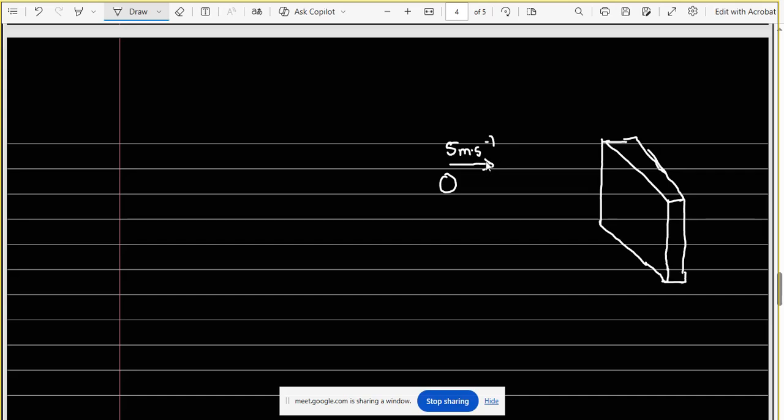What happens is that the ball hits the wall and comes back with the same velocity in the opposite direction. The velocity will be the same.